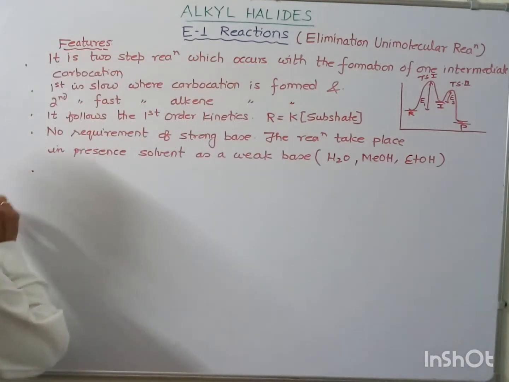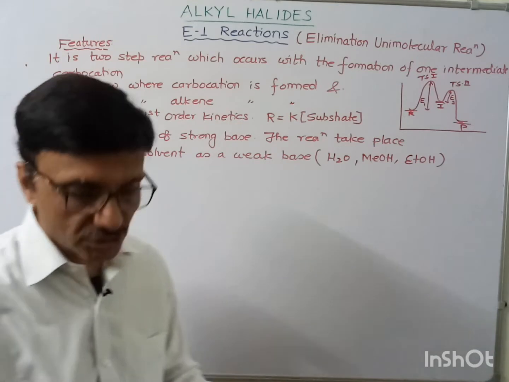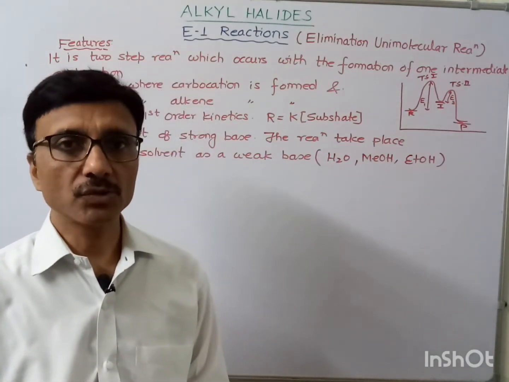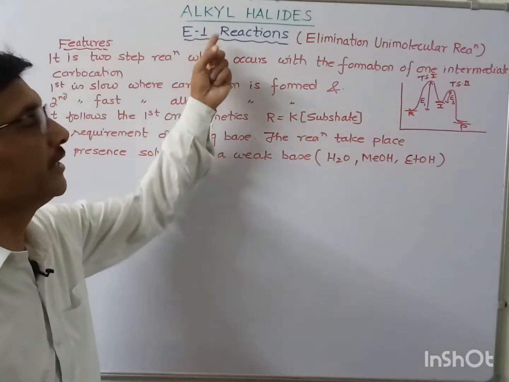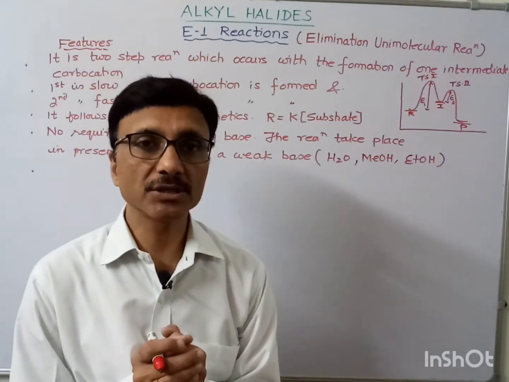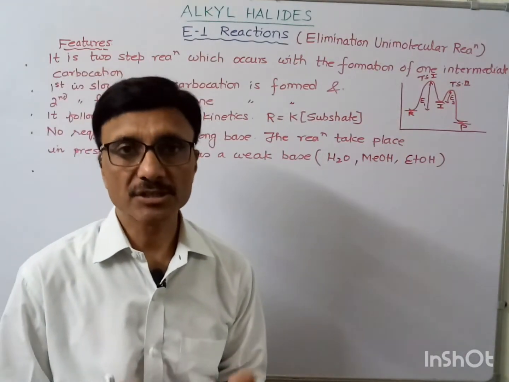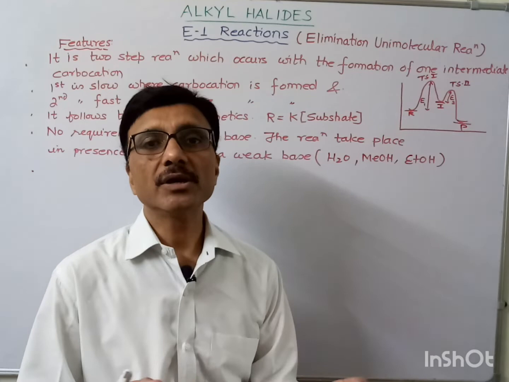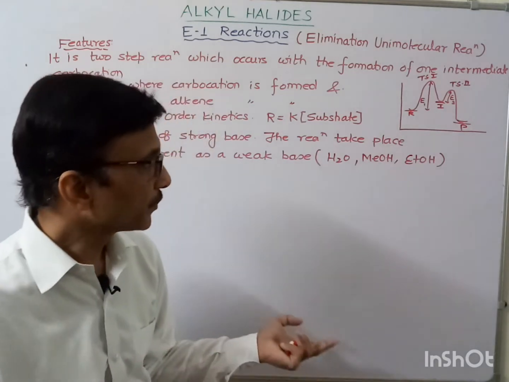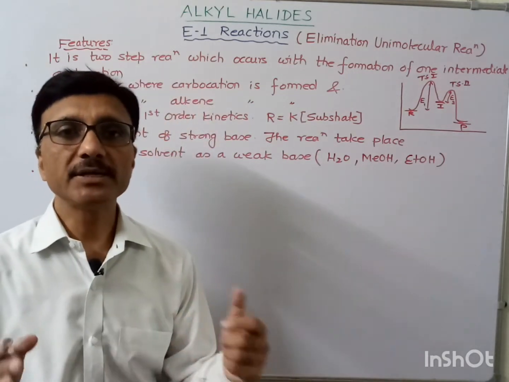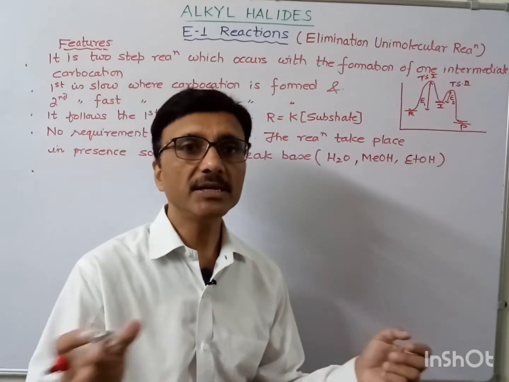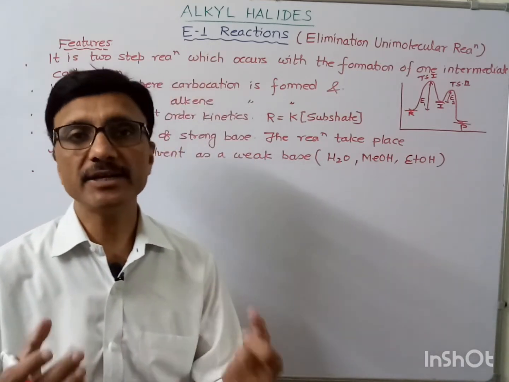And next thing, there is no requirement of stereochemistry in the substrate molecule. What we have seen in E2 reaction, in the substrate molecule, the leaving group and the beta hydrogen atom should be anti-periplanar to each other or anti to each other.